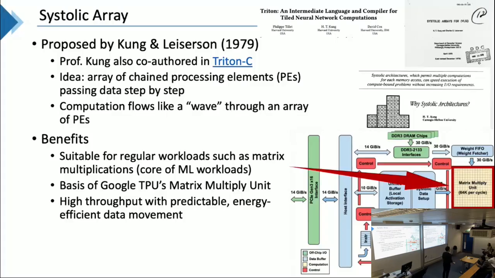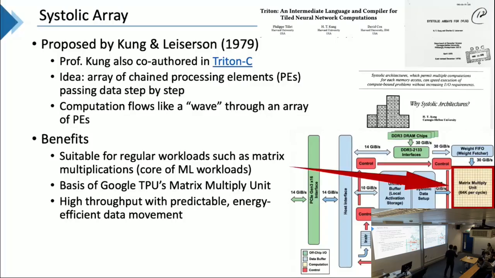This is better for interconnect complexity, which we'll introduce later. The benefit of the systolic array is that it is very suitable for regular workloads. For example, in matrix multiplication, you have two regular matrices, and you do the multiply and accumulate operation.